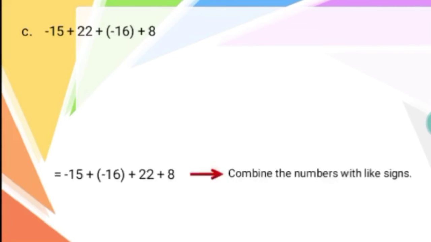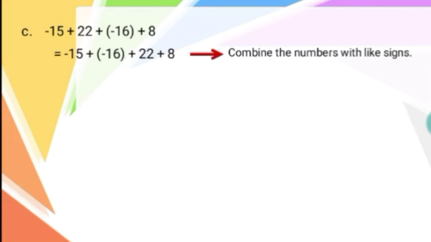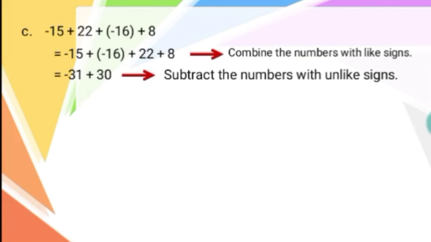Next, for letter C, negative 15 plus 22 plus negative 16 plus 8. You will combine first the numbers with like sign, the negative 15 and negative 16, and for positive, that is 22 and positive 8.